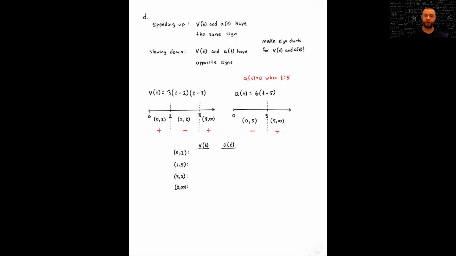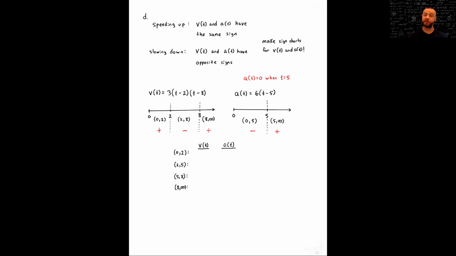So we'll get intervals 0 to 2, 2 to 5, 5 to 8, and 8 to infinity. All we need to do is to refer to our sign charts up there to determine on each of those 4 intervals of time if the velocity and acceleration are positive or negative.